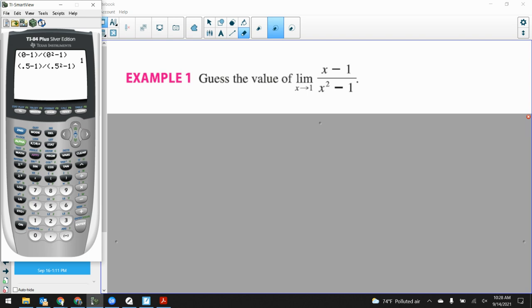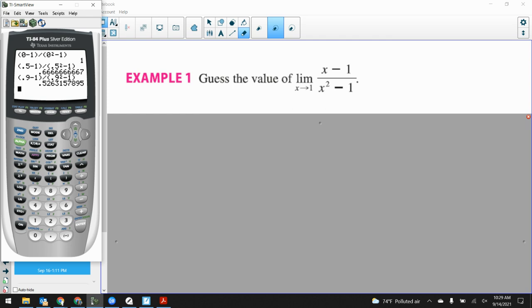Okay, 0.5 minus 1 divided by 0.5 squared minus 1. Okay, we're getting somewhere. Let's get closer to 1. Let's go all the way to 0.9. 0.9 squared minus 1. I go from 1 down to 0.6, down to 0.53.